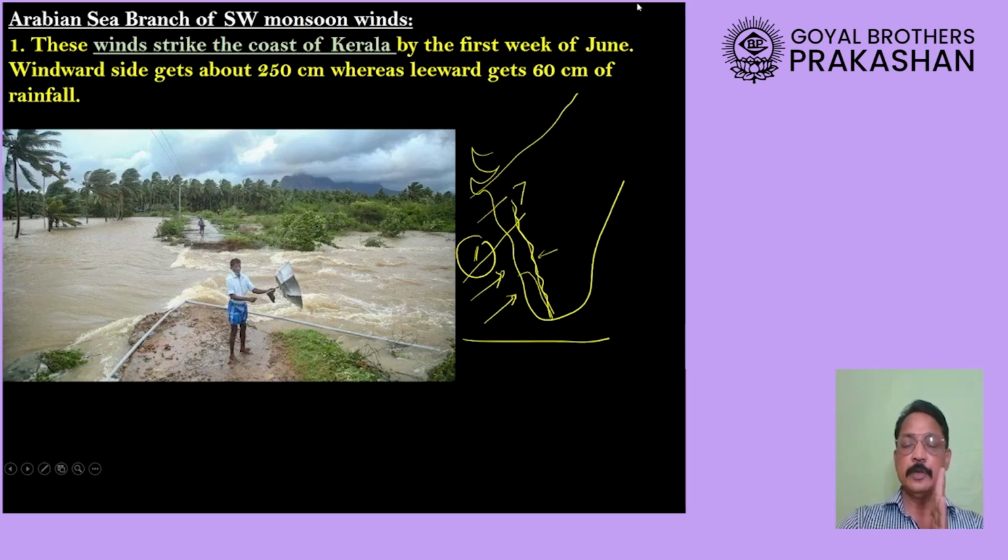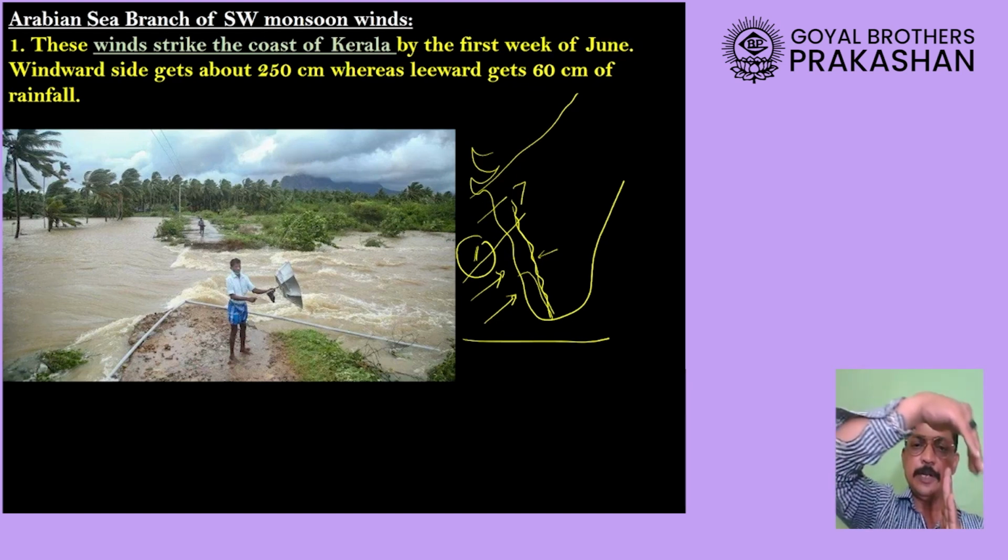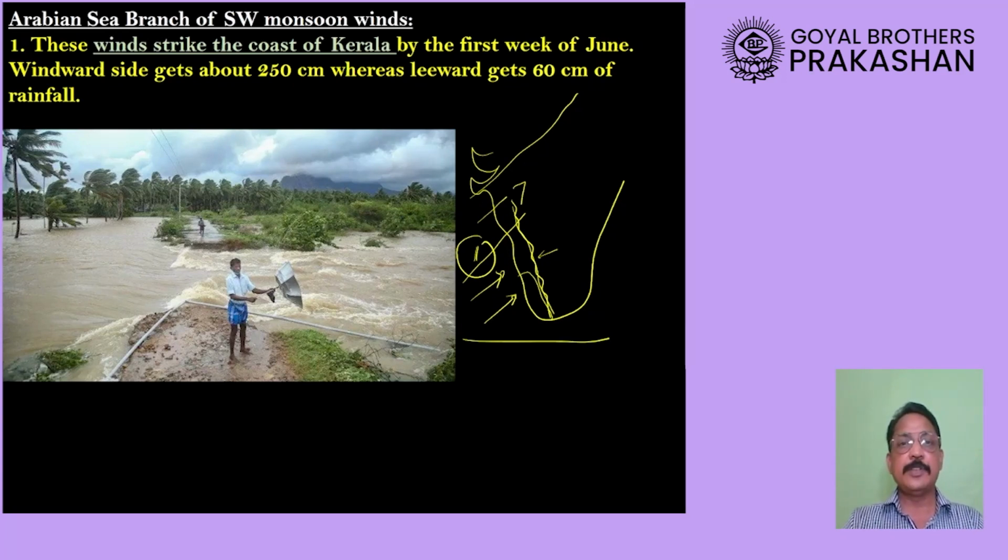If these winds are coming this way and getting struck, a lot of rainfall will occur here, and when these winds cross the mountain and go on the other side, the rainfall will decrease. The other side of the mountain, called leeward side, receives approximately 60 centimeter of rainfall. So windward side receives more rainfall, whereas leeward side receives comparatively less rainfall.